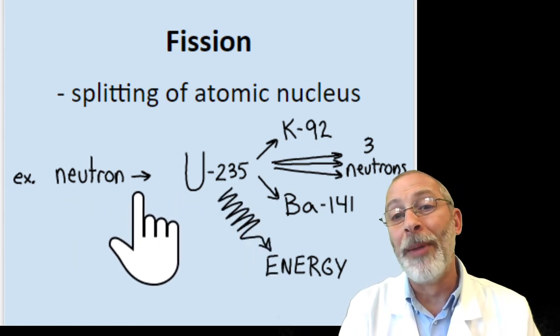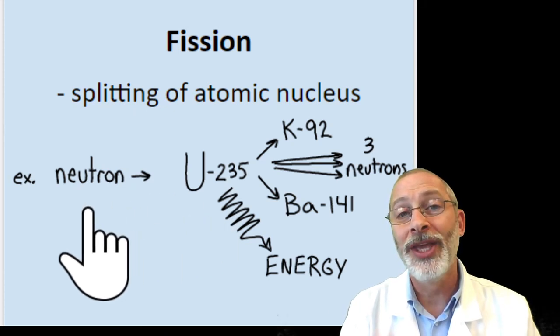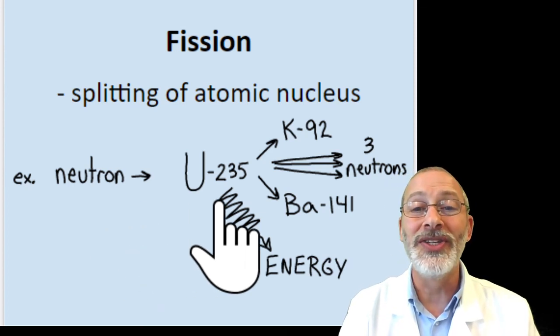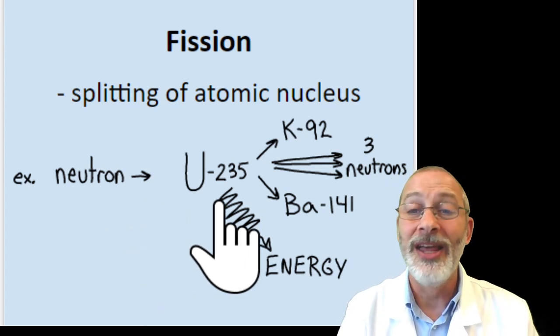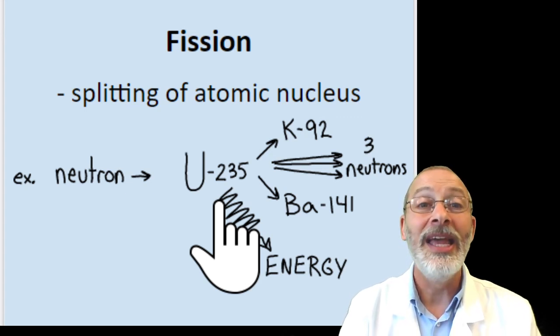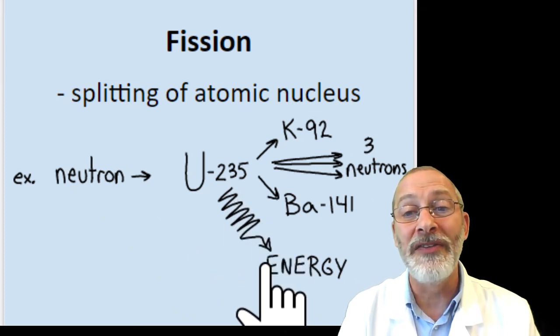And if you bombard that uranium-235 with a neutron, you just toss a neutron at it, and it causes this uranium-235 to fall apart very quickly and violently, releasing an enormous amount of energy.